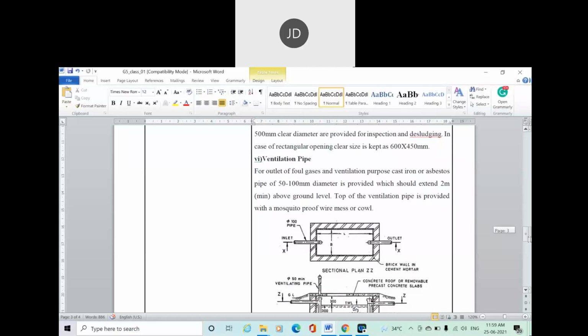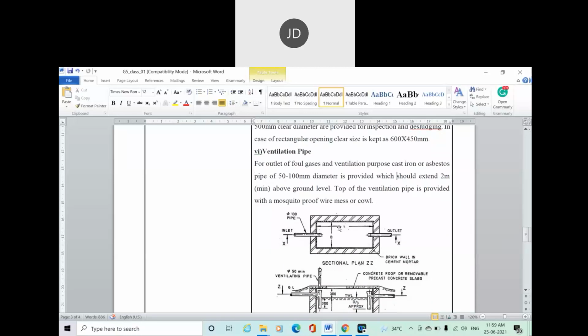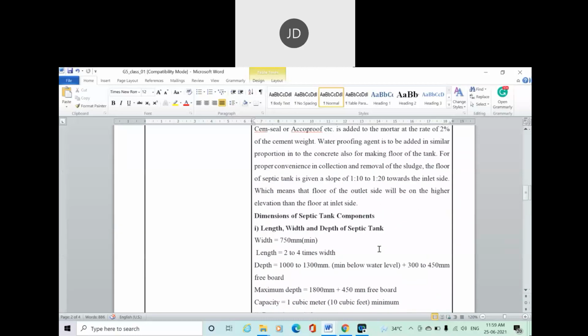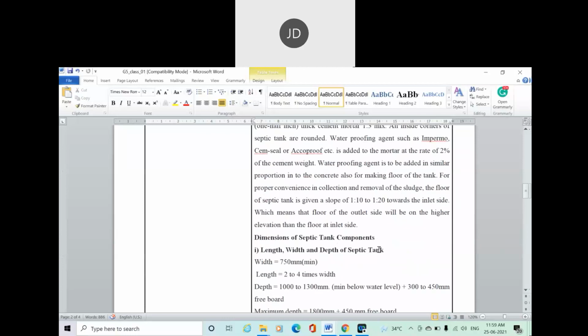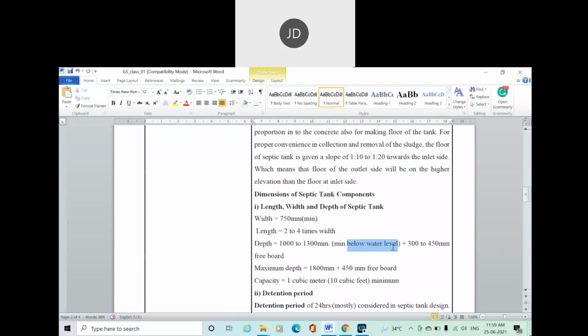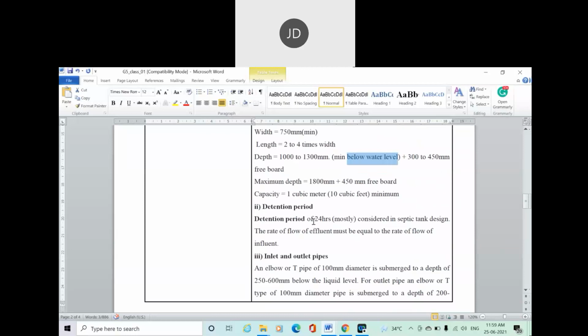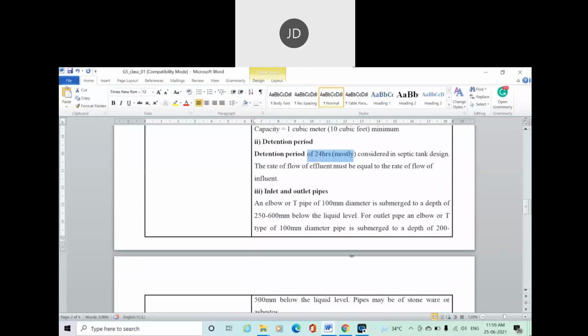We have discussed the basic dimensions of the septic tank: minimum width, length and depth. The depth of the septic tank is basically the combination of the depth of water and the freeboard. Detention period is 24 hours for a particular waste. We have discussed the inlet pipe and outlet pipe, which should be of elbow shape or T shape.